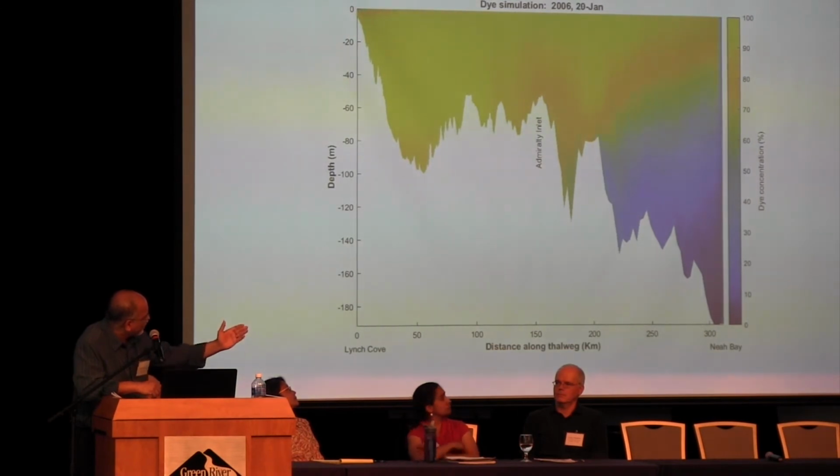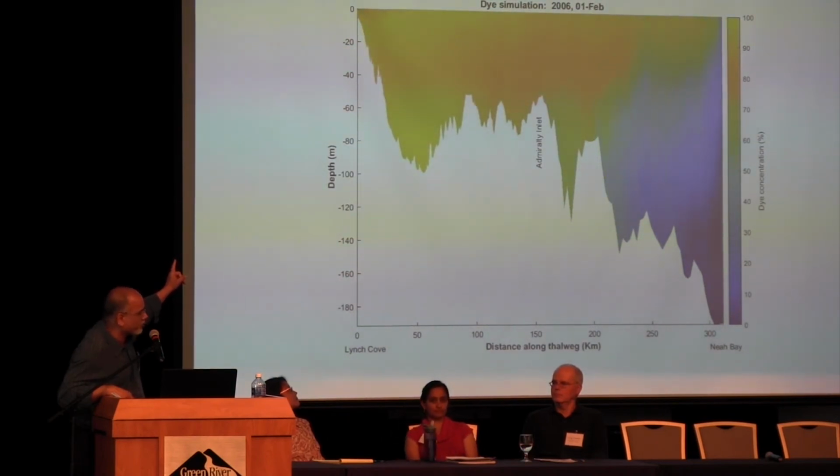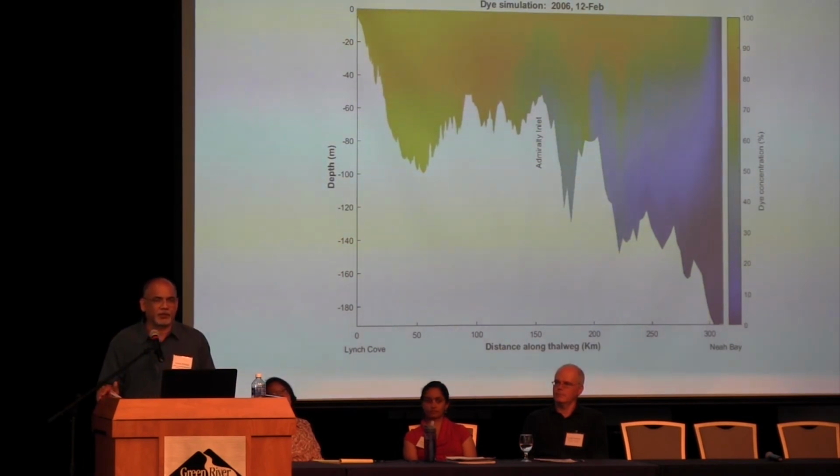The water is coming from the ocean at the bottom, and it goes over the sill. You can also see near Lynch Cove, the water is turning slightly blue, and that is Skokomish River trying to dilute the dye. And at the bottom of Lynch Cove, nothing is really happening, which again points to the fact that Lynch Cove has a long residence time.